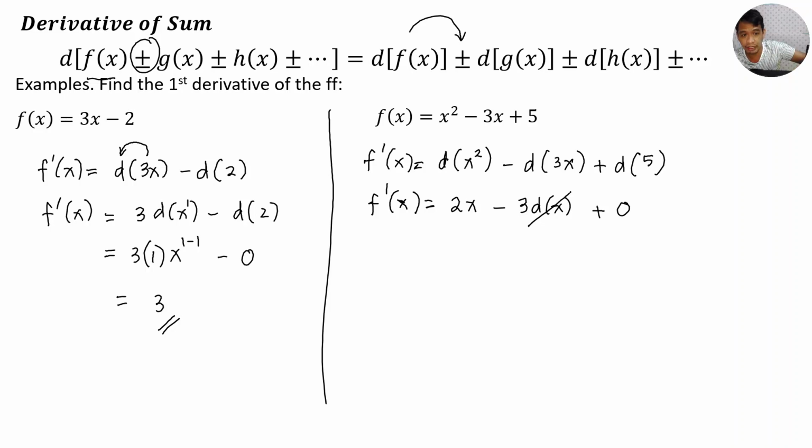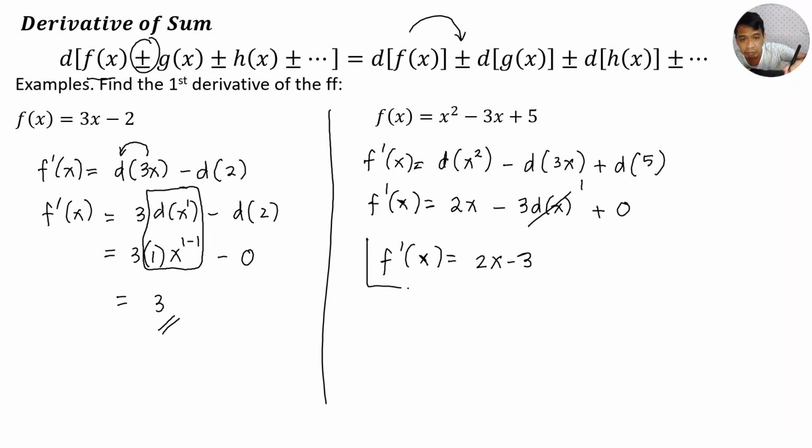But the derivative of x is equal to 1 since we already have this principle. You put 1 in front, then subtract 1 from 1, and 1 minus 1 is 0, and x raised to 0 is 1. So the derivative of x is equal to 1. So this therefore gives f prime of x is equal to 2x minus 3.